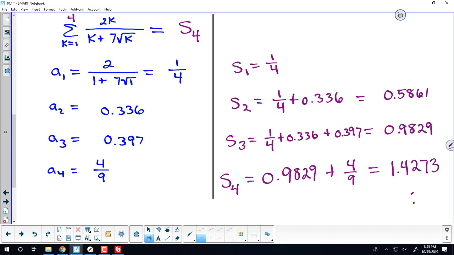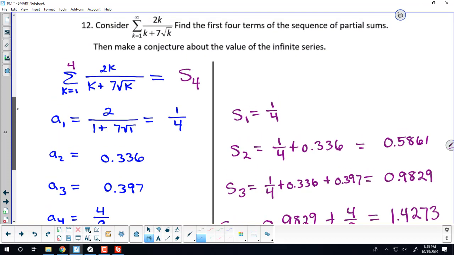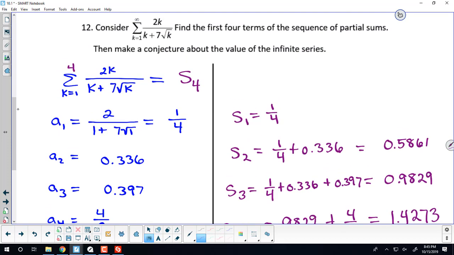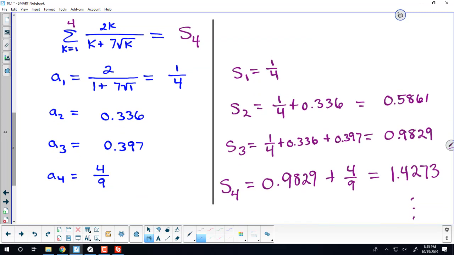If we kept on in this direction, S sub 5, S sub 6, S sub 7, what would we conclude? Does that particular series converge or diverge? It diverges because we see that the sums keep getting larger and larger.